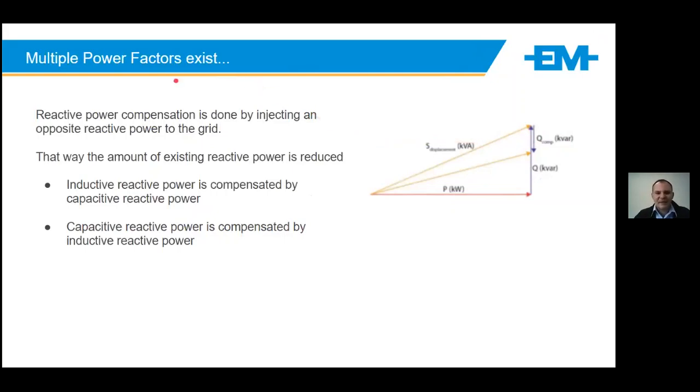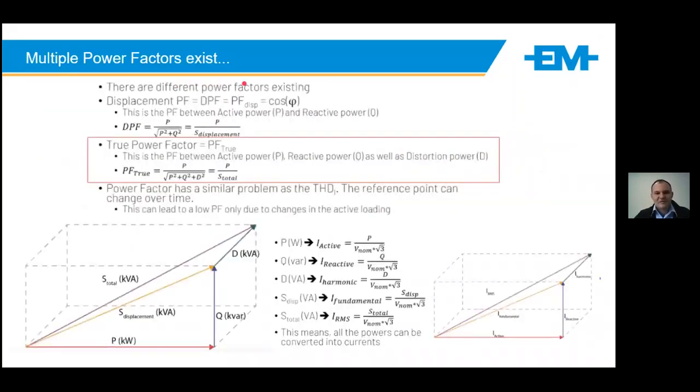But multiple power factors actually exist. There are different power factors, what we'd call displacement power factor, which is the power factor between active power and reactive power strictly. And this is what we'd call the cos phi.